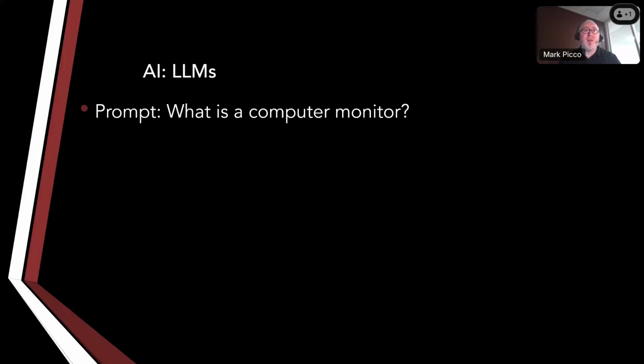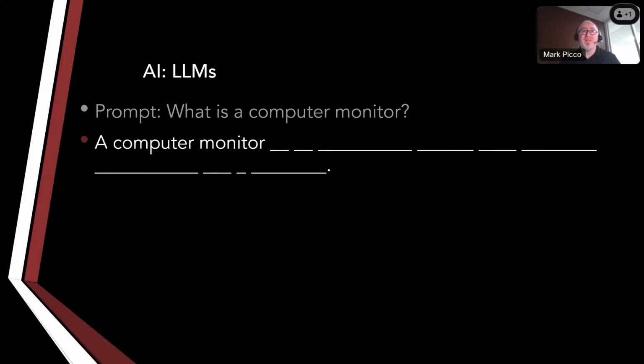Large language models are driven by prompts. So we feed into the language model a prompt and it will say something back to us. So for example, if I asked it what is a computer monitor, it would have a response to give us. And if you asked me what a computer monitor was, my response would look something like this.